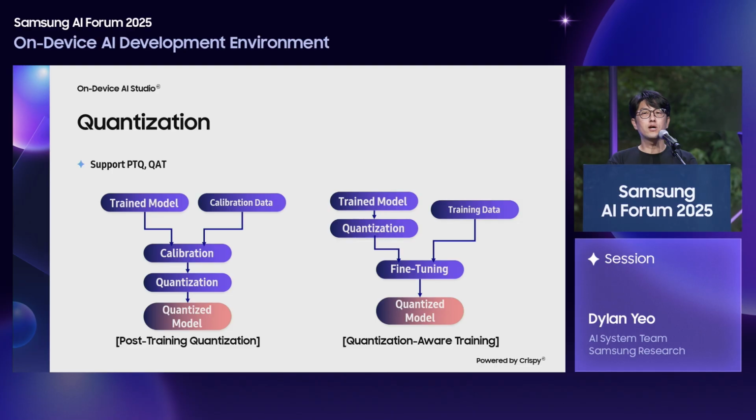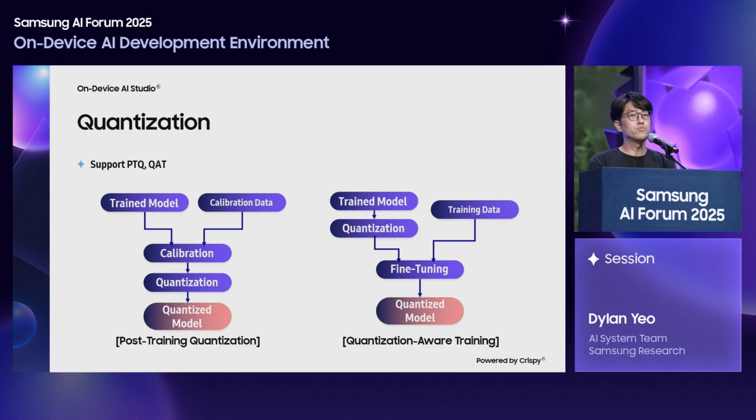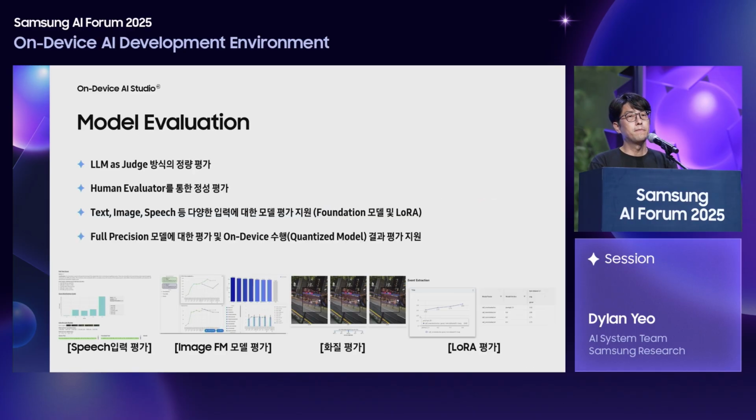PTQ needs no extra training and is fast, but some models can suffer noticeable accuracy drops. In those cases, we apply QAT to recover quality at the cost of additional training time. AI Studio automates this flow and produces chip vendor neutral, quantized artifacts that can be compiled for different NPUs and SoCs.